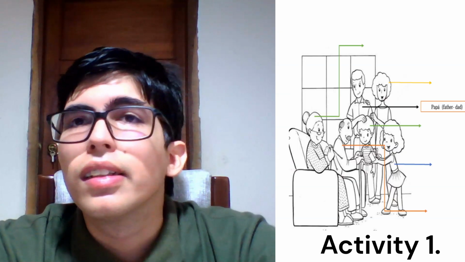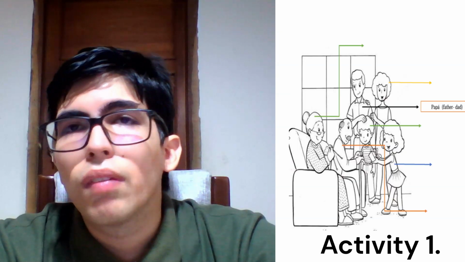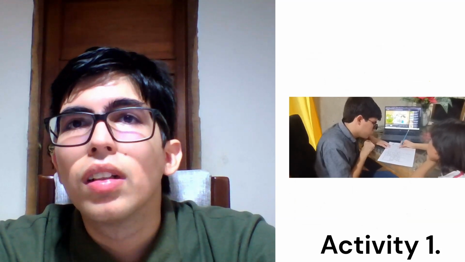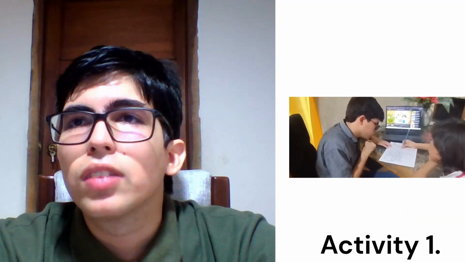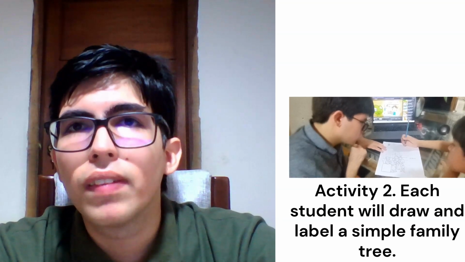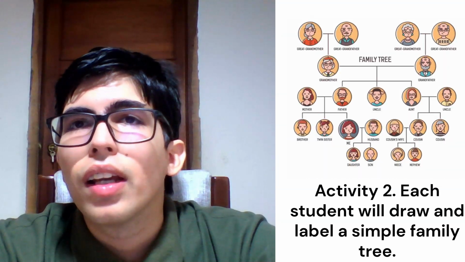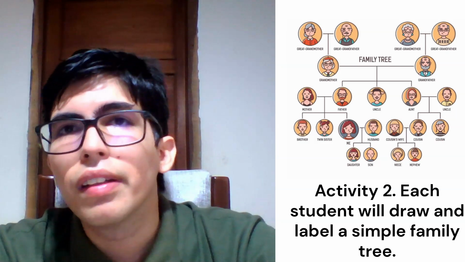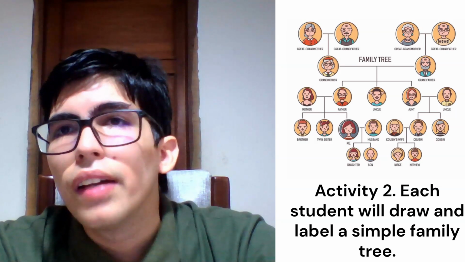Phase 2, development with productive and receptive activities. The time to complete the activities is 30 minutes. Activity 1, matching game, where students match pictures of family members with their names. Activity 2, each student will draw and label their own family tree using the vocabulary they have learned.